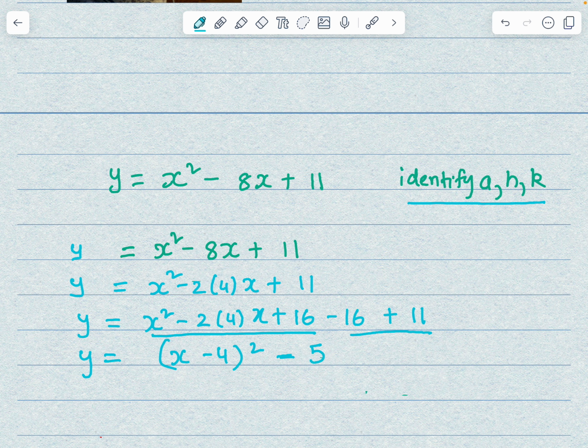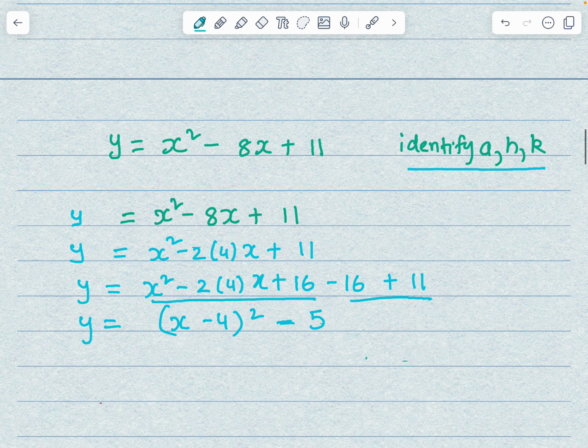Now go back and remember that the vertex form is a times x minus h the whole squared plus k.